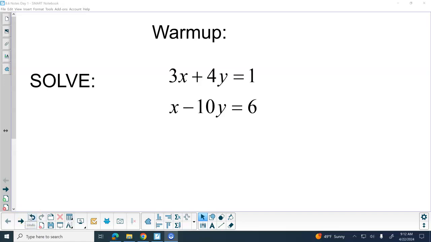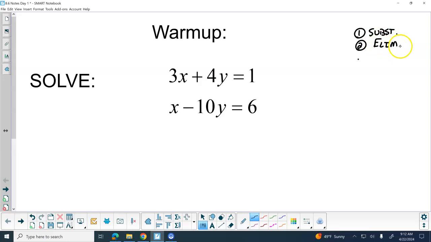So far in this class, we have taught you 4 ways to solve a system of equations. Give me one of them. Substitution is one. Give me another one. Elimination is another one. Give me another one.